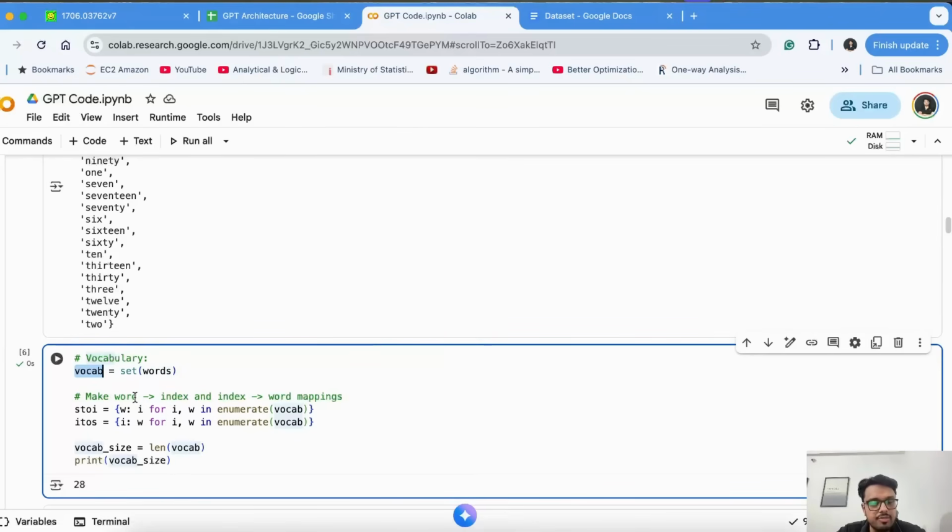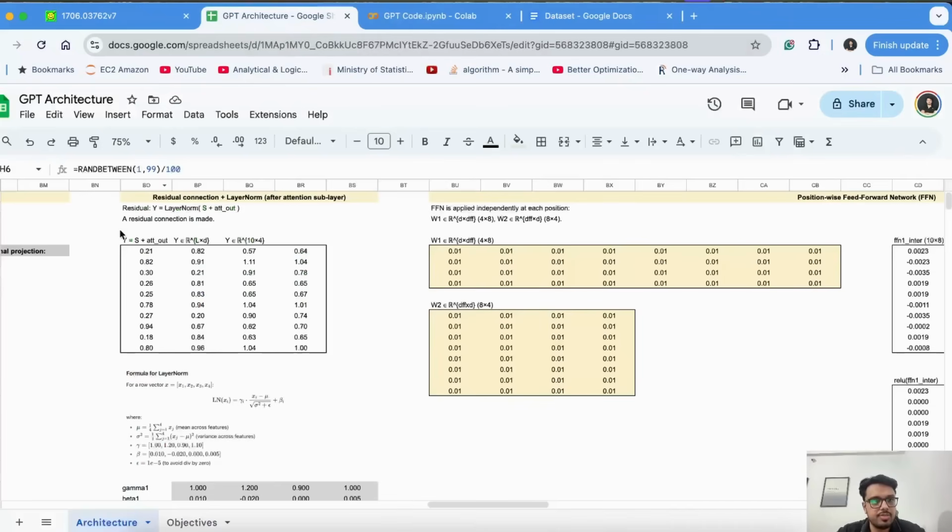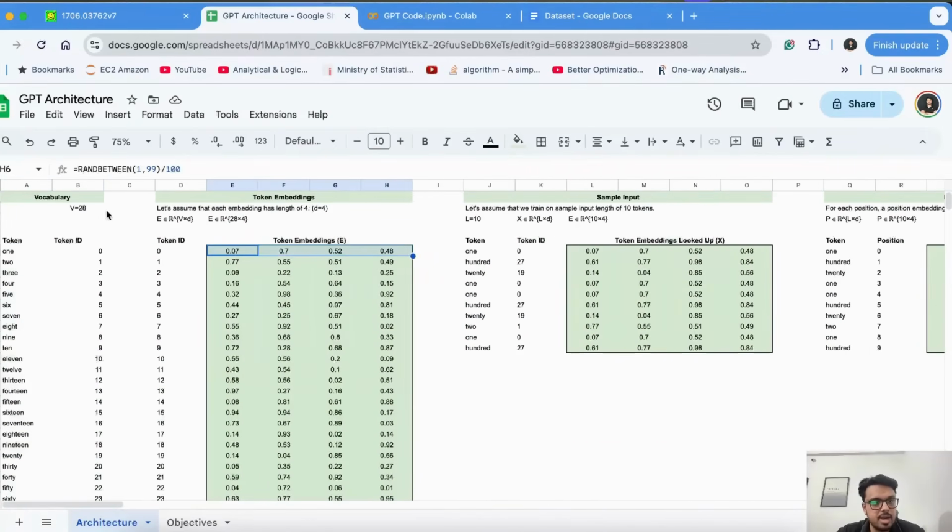Then we are also defining string to integer and integer to string dictionaries. This allows us to convert each word to the corresponding token ID and token IDs to the corresponding words. Then we check the vocab size, which is 28, and this matches the vocab size that we had taken in the discussions on the Google Sheets.